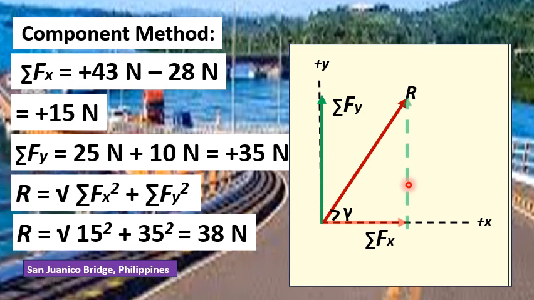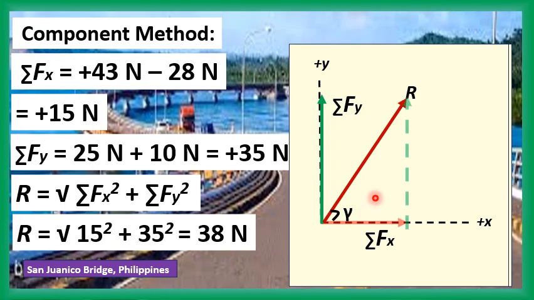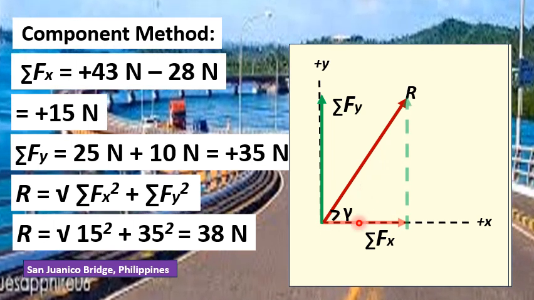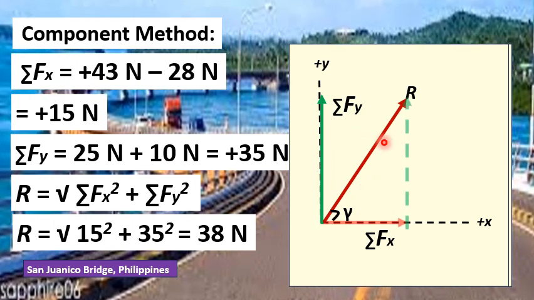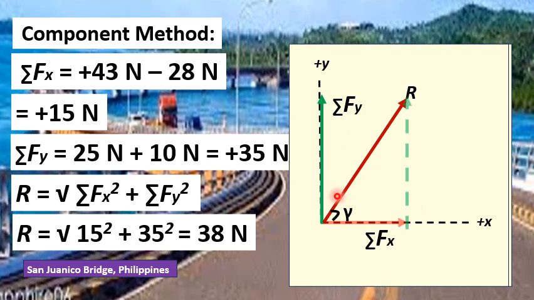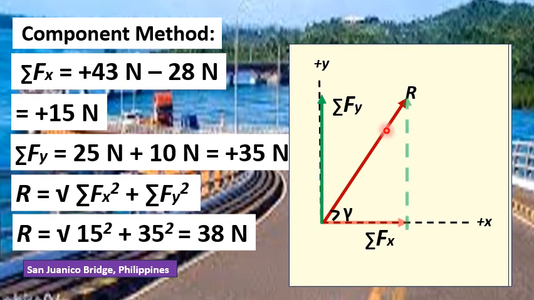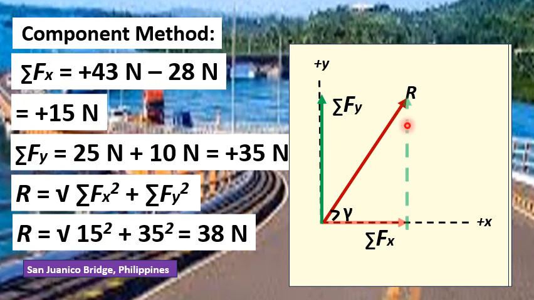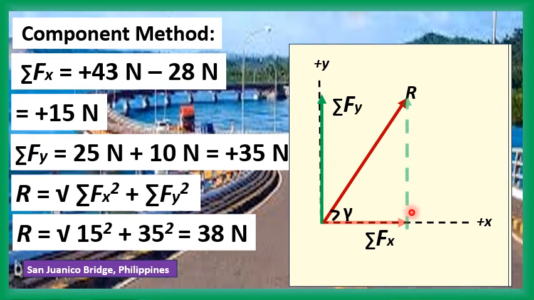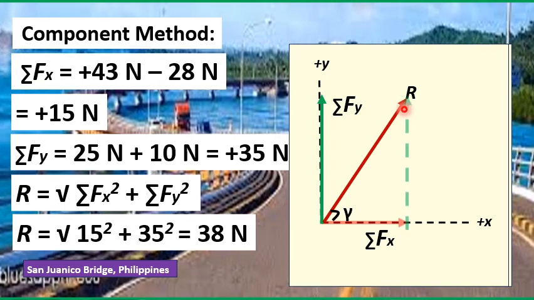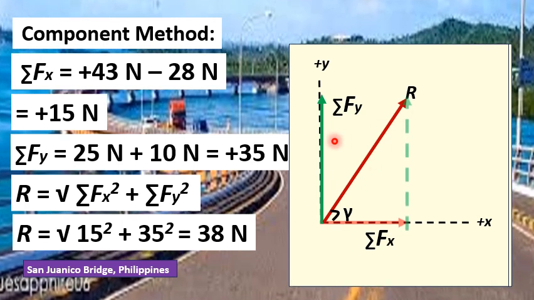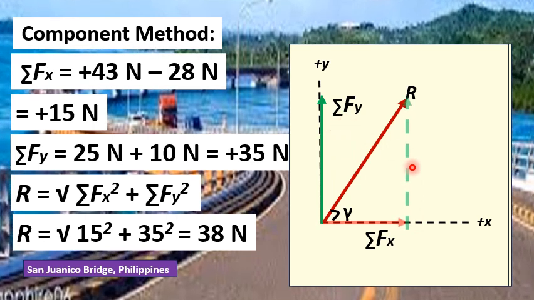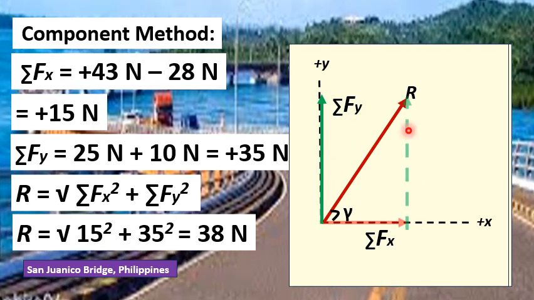Since if we are going to draw the projection of summation of Fy and transfer it on this side, connecting the head of the red arrow and the head of the brown arrow, we call that the projection of summation of Fy. We'll come up with a right triangle.